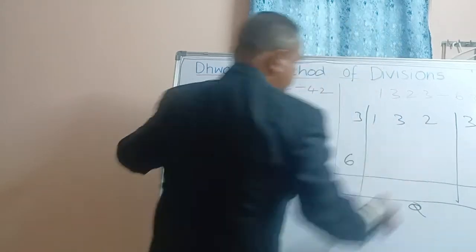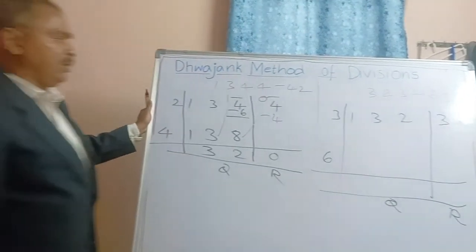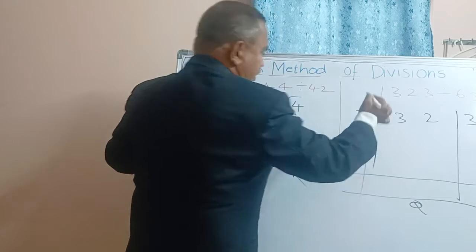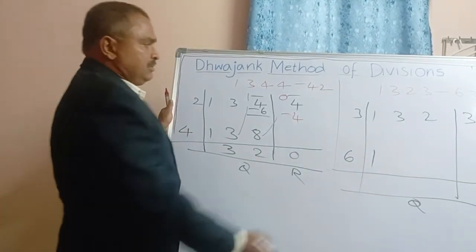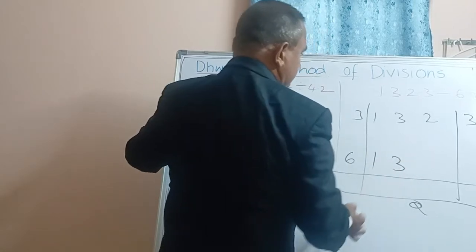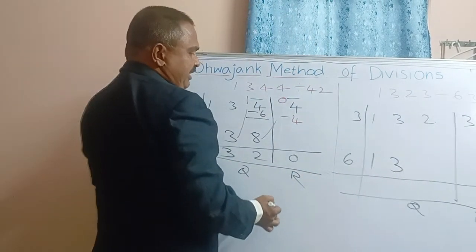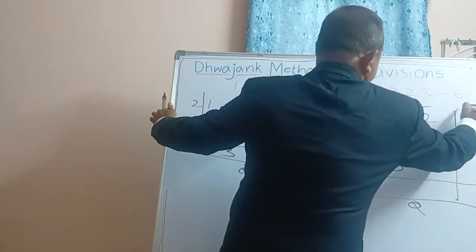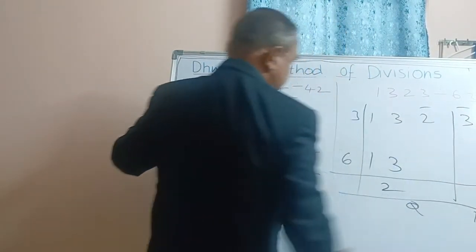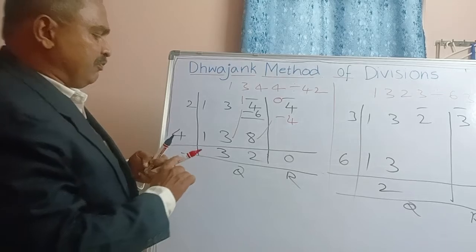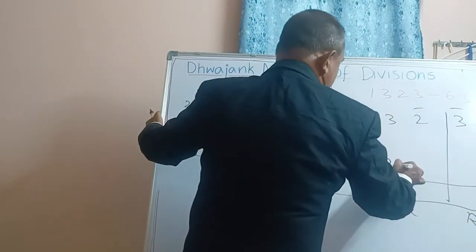This is the quotient part. Now bring down 1, but we cannot divide 1 by 6. So bring down 3 also. 13 divided by 6. These are next parts. 13 divided by 6, 2 times. 2 6s are 12. Remainder is 1.